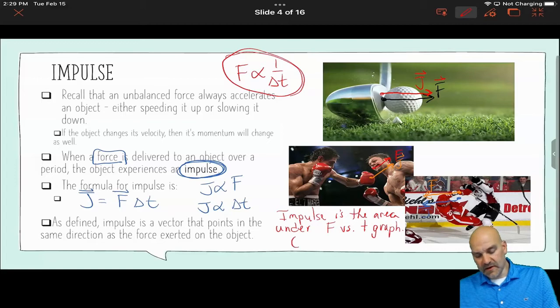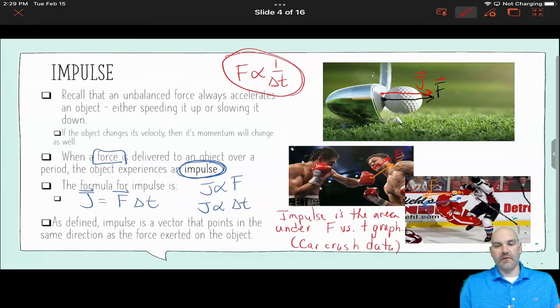This is where car crash data comes into play. When we look at the area under that curve, we're able to figure out the impulse, which then allows us to figure out the change of momentum, to help car manufacturers make informed decisions about airbags and different kinds of technology.